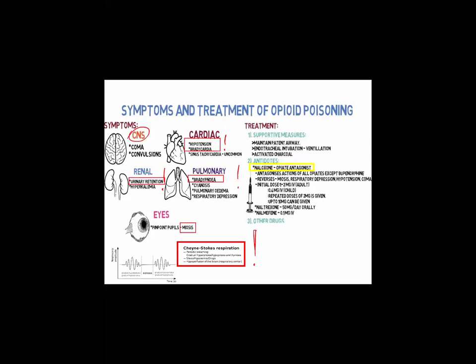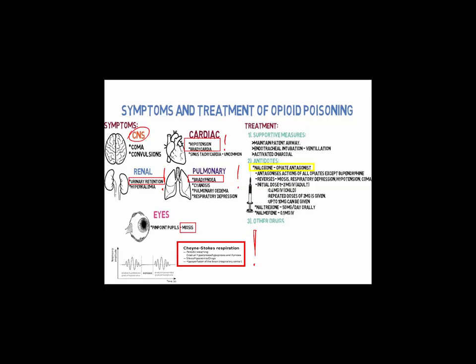Periodic breathing, gradual hyperpnea and hypopnea and apnea episodes, and hypoperfusion of the brain respiratory center occurs. So Cheyne-Stokes breathing is one of the most typical signs of opioid overdose. And you have it in Krok tests.